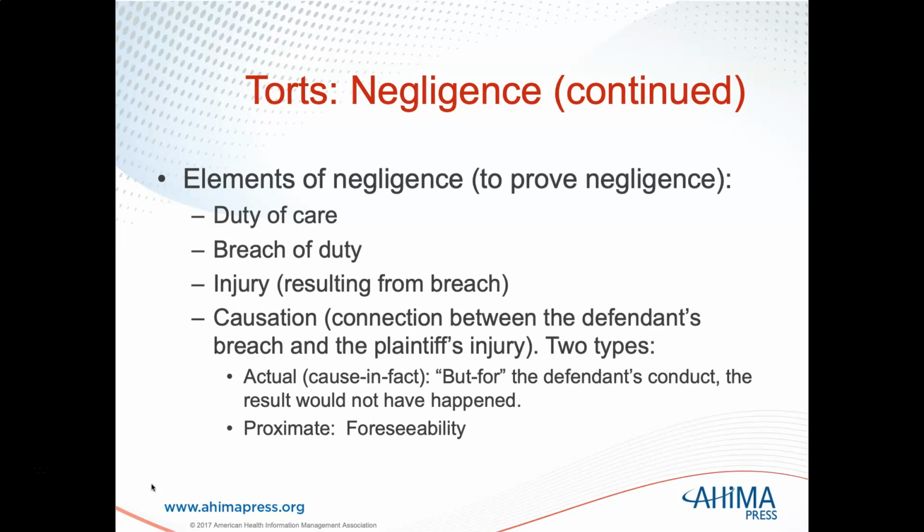Injury. There has to be an injury. There has to be some type of damage, some type of harm that was actually caused, whether that is emotional distress or something particular, such as, let's say, a surgeon was to perform a left mastectomy on the patient for breast cancer, but instead left the left breast and performed a right breast mastectomy, which was not part of the agreement, not part of the procedure, and the right breast had no cancer in it, that sort of thing.